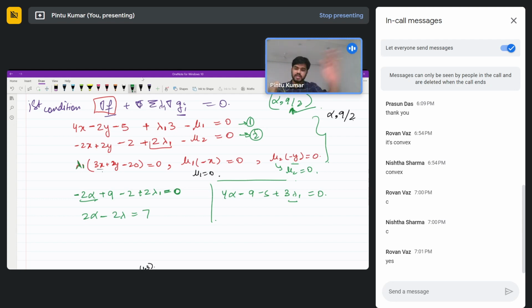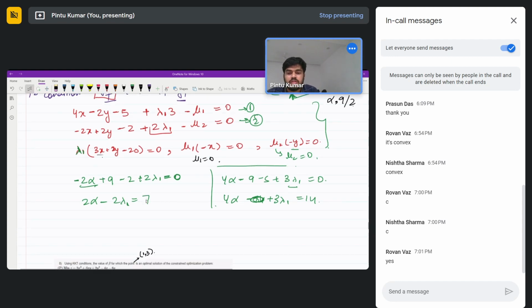So I just sent this 7 this side and multiplied by minus 2 out. So this is 4 alpha minus 14, or we can just take plus 3 lambda 1, this is lambda 1 is equal to 14. Okay. And we just need to find alpha, right?